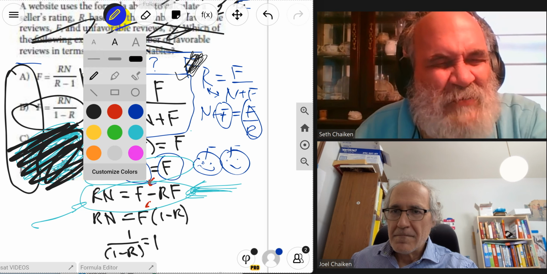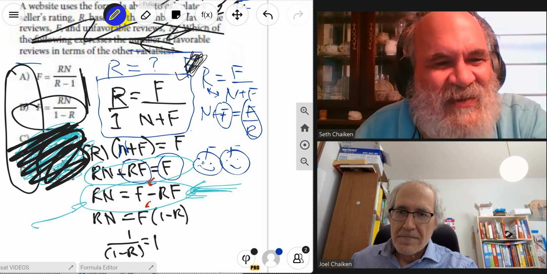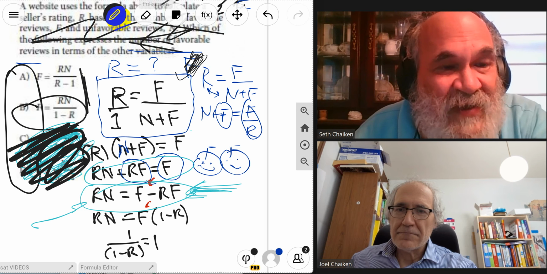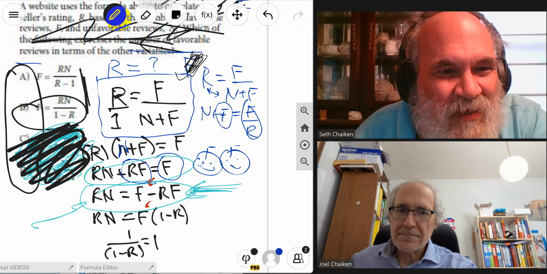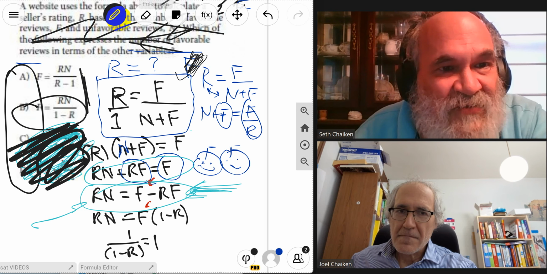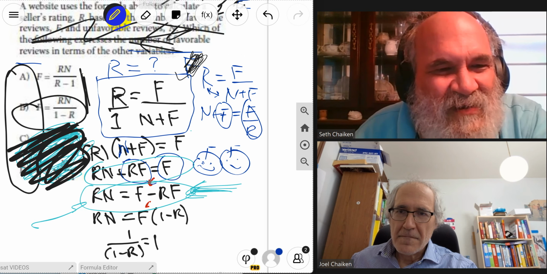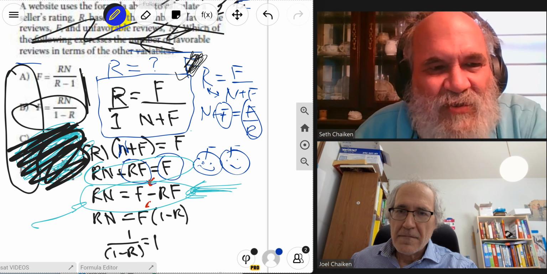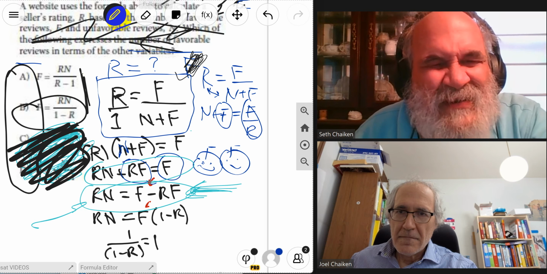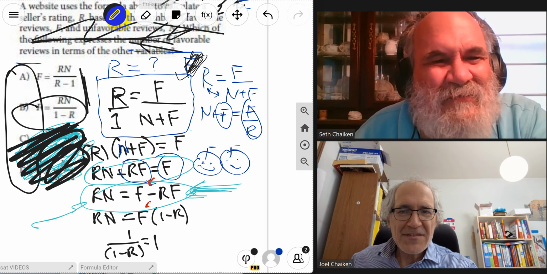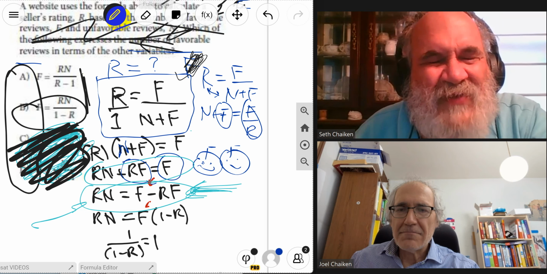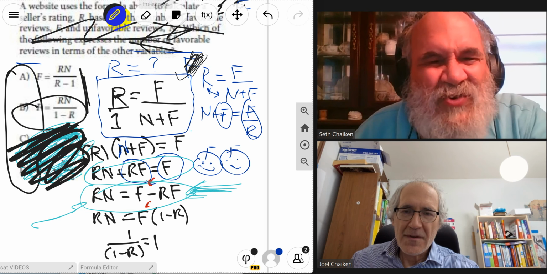Now, the description of the function says that F is the number of favorable reviews, and the rating is a fraction. Because R equals F over N: F is the number of favorable reviews, N is the total number of reviews.